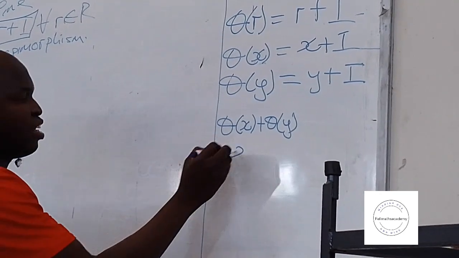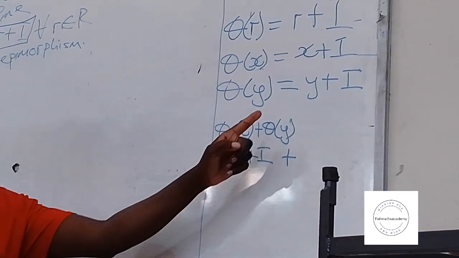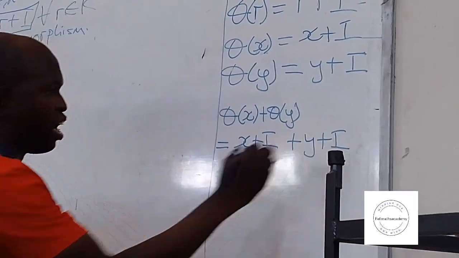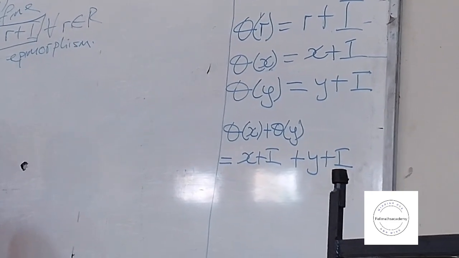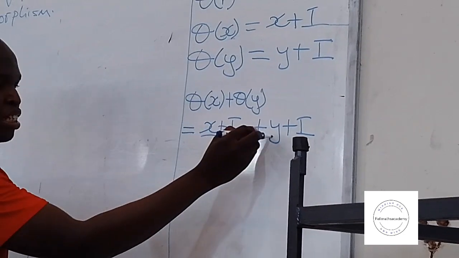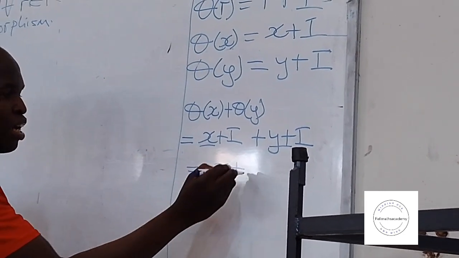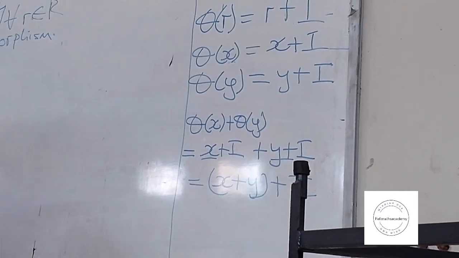X plus I. Plus what is theta y? Y plus I. Here we just add x and y, and this is equal to x plus y in brackets plus I.